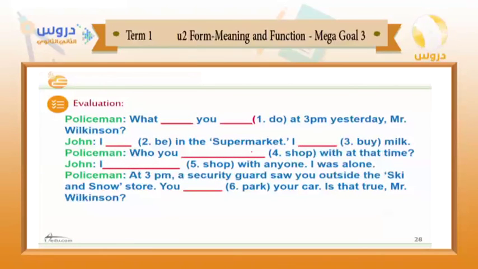Now, complete these blanks. What did you do at 3 p.m. yesterday? The answer is what were you doing, and you should add ing to the verb following was or were.